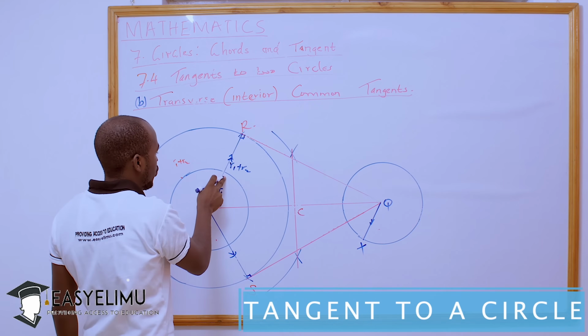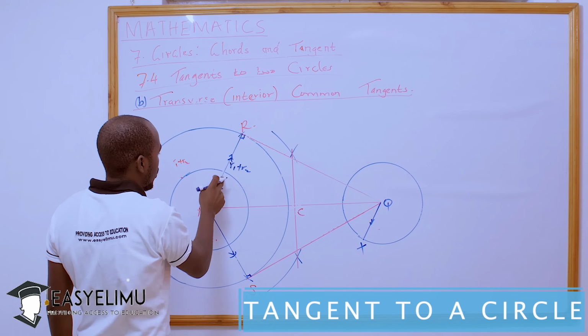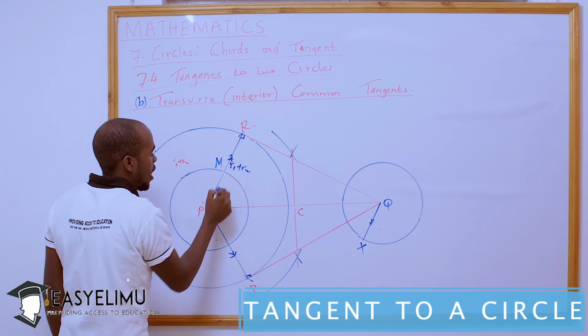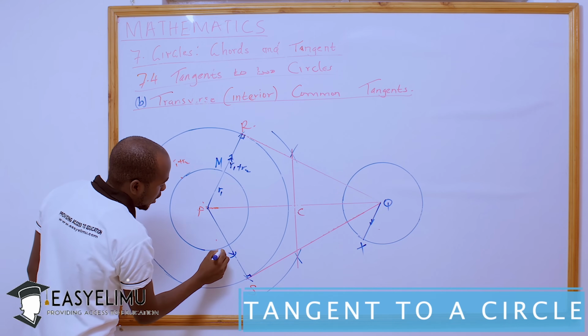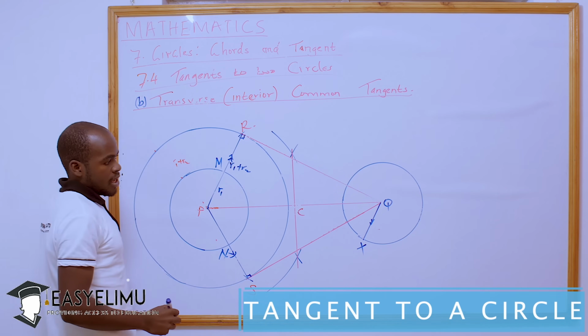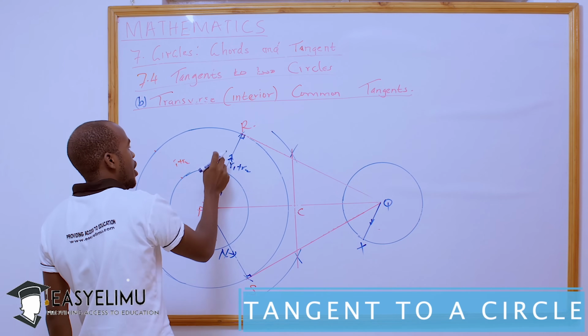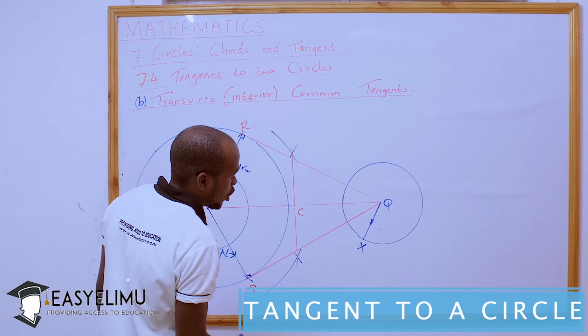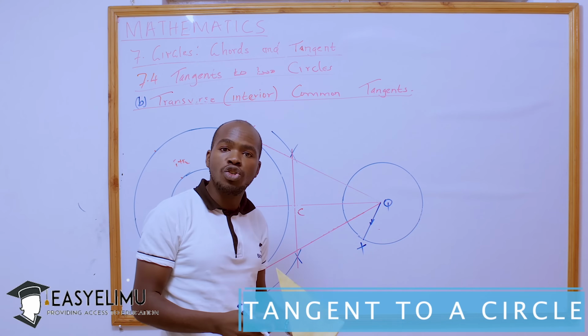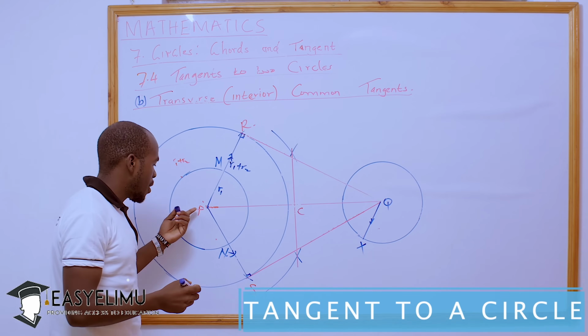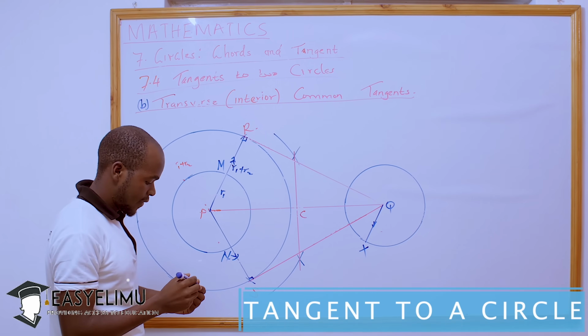And here the point where the circle R1 is cut, let's give this point as M, and this other one here we give it N. And here we construct a parallel to PMR as QX. Now we are going to construct another line which is parallel to line PNS.